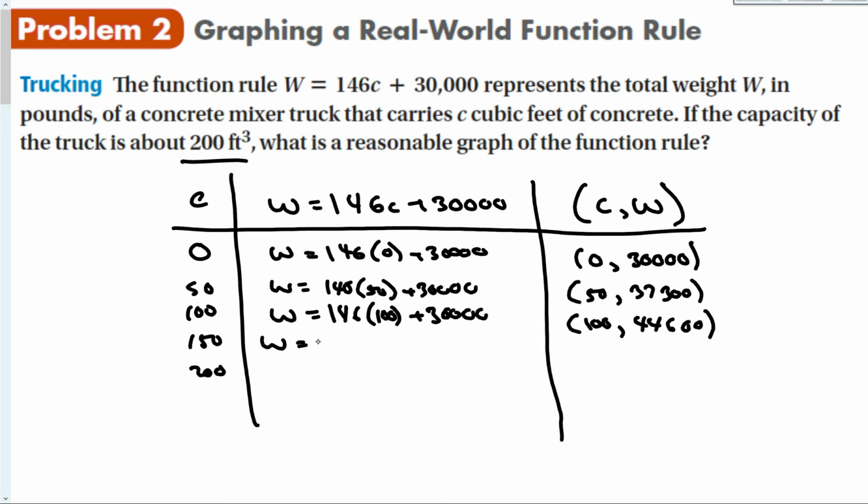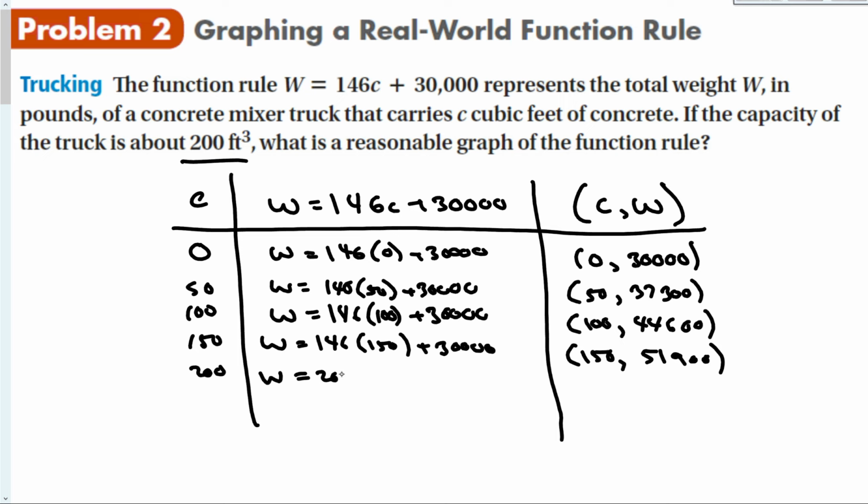Here we have 146 times 150 plus 30,000, and that gives me 150 and 51,900. And these numbers you can get just by using a calculator, 146 times 150 plus 30,000.